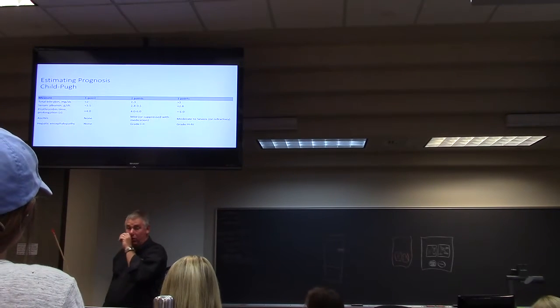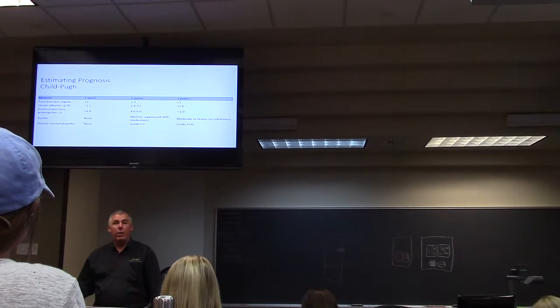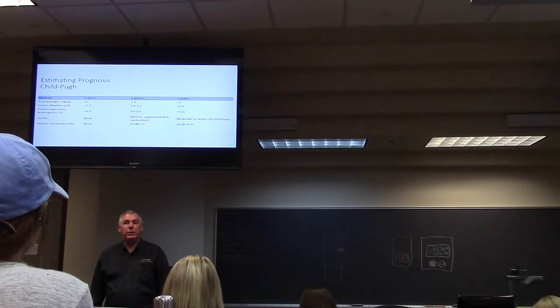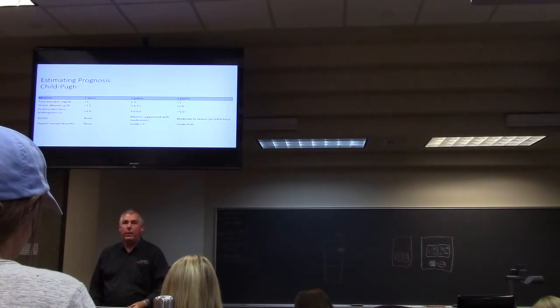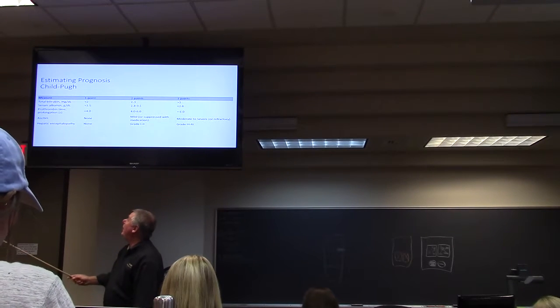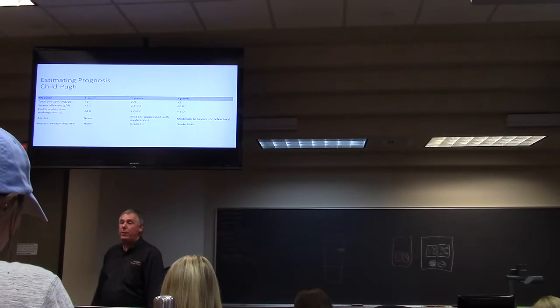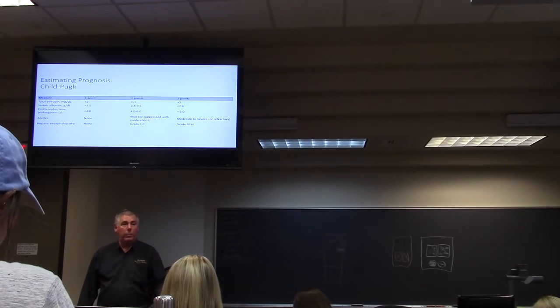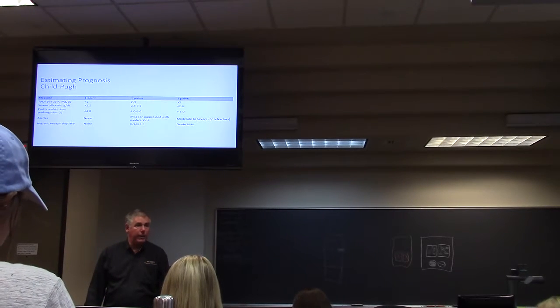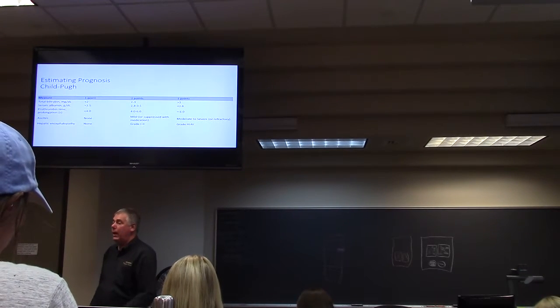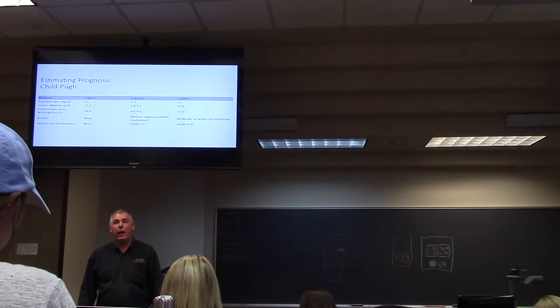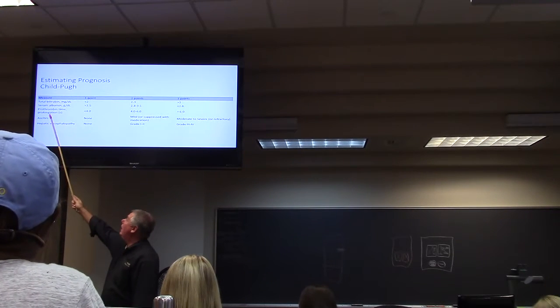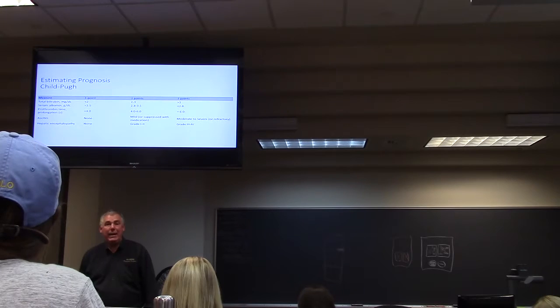Bilirubin, of course, is where the liver processes unconjugated to conjugated bilirubin. So you're looking at bilirubin levels. Albumin, you know that the liver produces albumin, right? Remember that. The liver produces albumin, as well as vitamin K-dependent clotting factors, which is assessed through a PT or an INR.